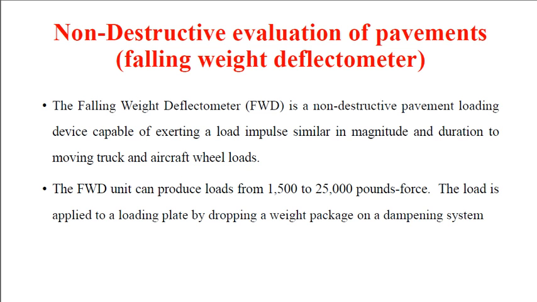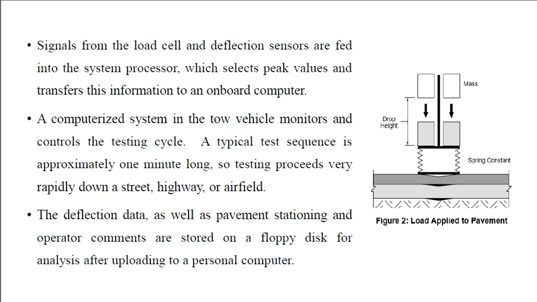The load is applied to a loading plate by dropping a weight package on the damping system, and the signals from the load cell and the deflection sensors are then fed into the system processor, which selects the peak values and transfers this information to the onboard computer. Then a computerized system in the tow vehicle monitors and controls the testing vehicle.